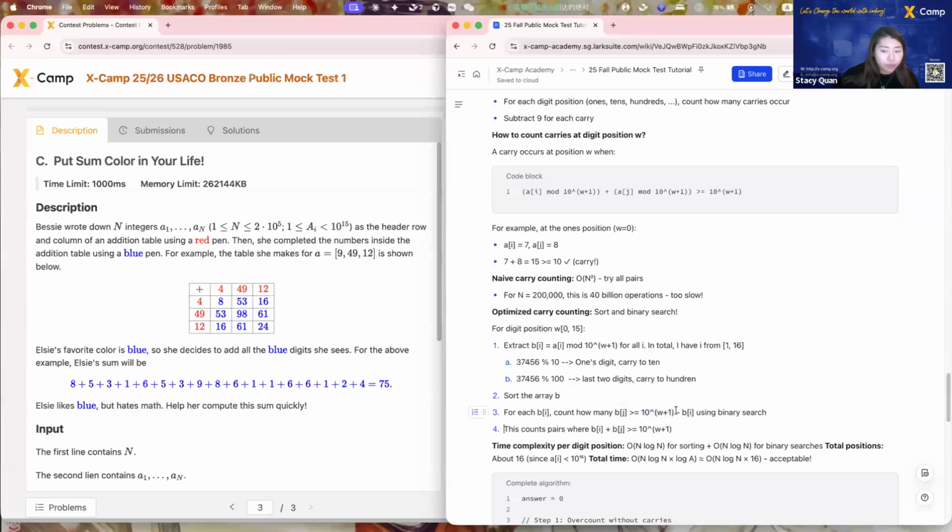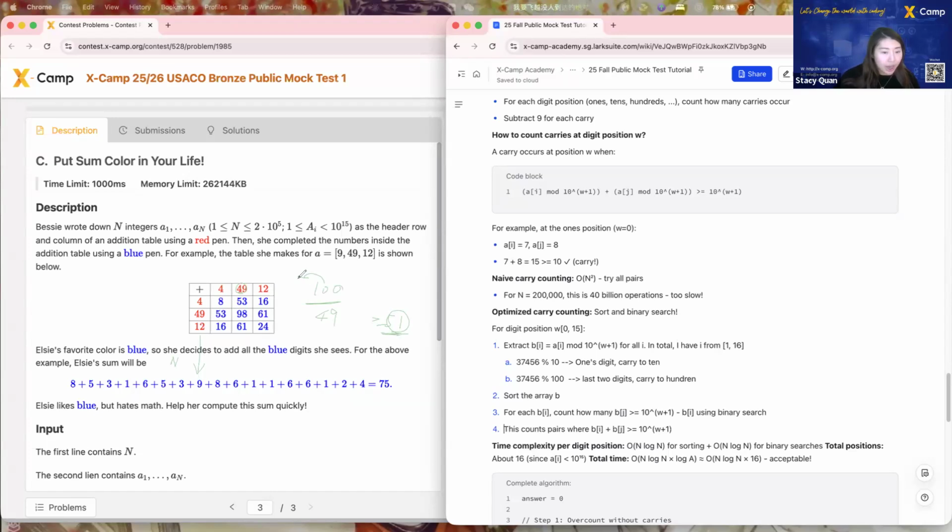For example, when I am looking for a carry to the hundreds place and my number is 49, I'm looking for a complementary partner that is greater than or equal to 51. So I want to know how many numbers in my array have last two digits greater than or equal to 51.